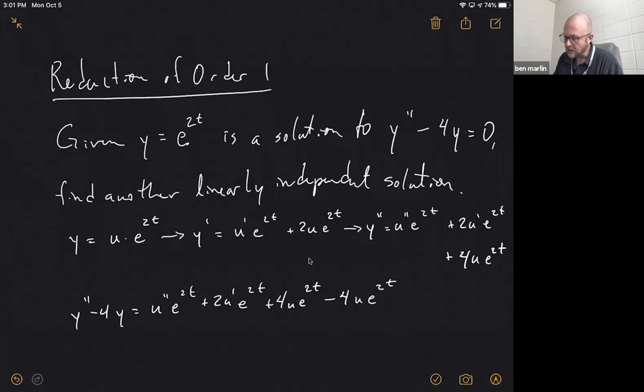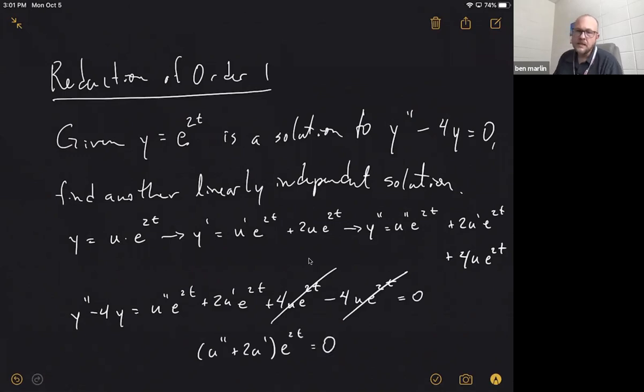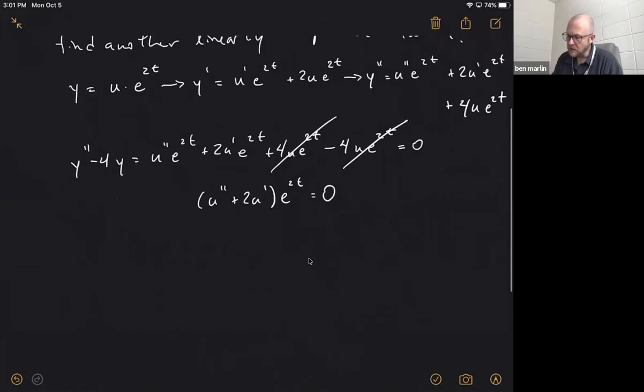Now we'll see why it helps, is that these terms have gone away. And remember, we want to set this stuff equal to 0. So you have u double prime plus 4u prime, then e to the 2t equals 0. Because e to the 2t cannot be 0, we can just cancel that out. And so now we have to solve u double prime plus 4u prime equals 0.